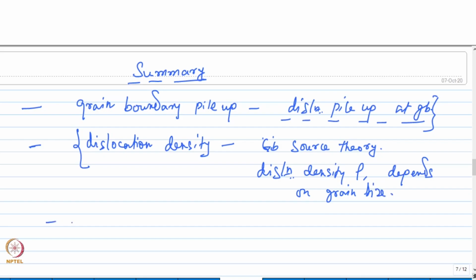Similarly, this theory also considers the dislocation density and the effect of the grain size on the same. This is the work hardening theory.